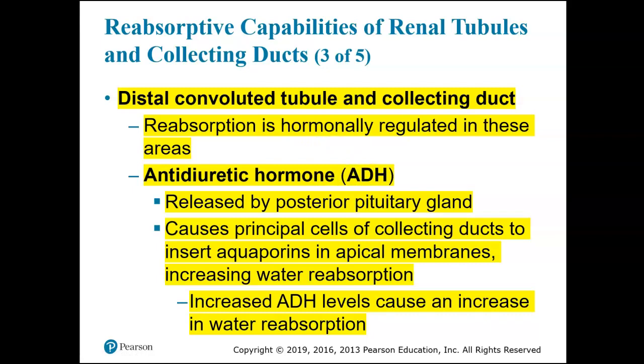To remember what this hormone does, just remind yourself what a diuretic is. We know that there are certain substances that we can consume that cause us to urinate more, to release a larger volume of urine, to go to the bathroom more. They're called diuretics.